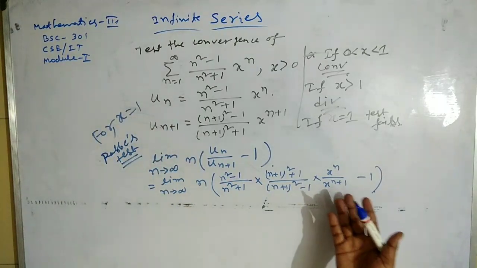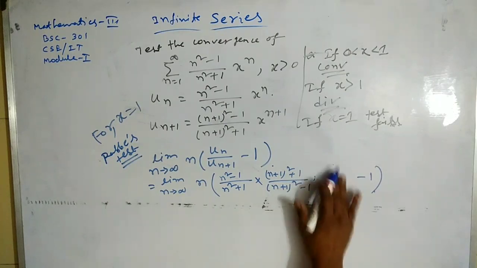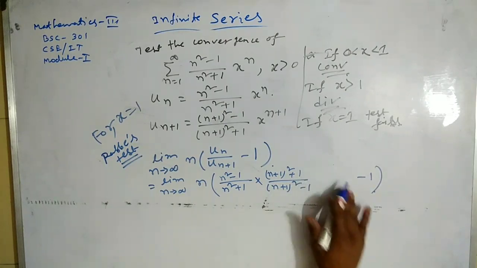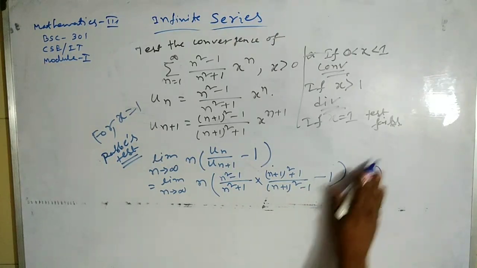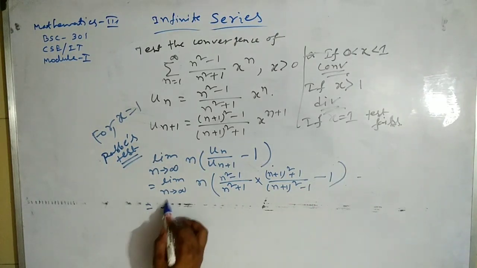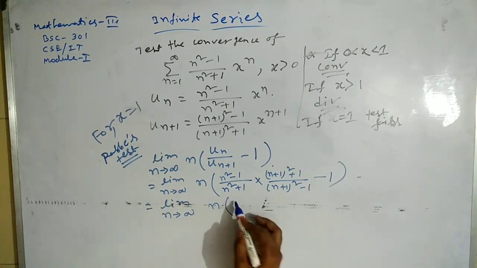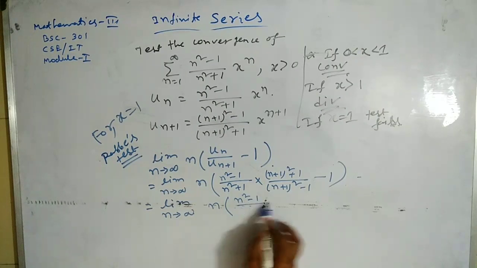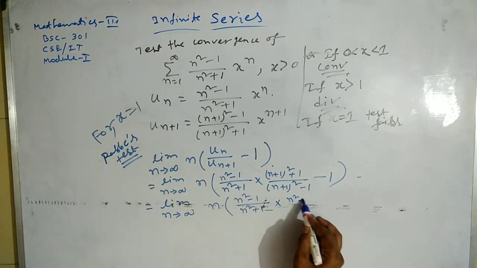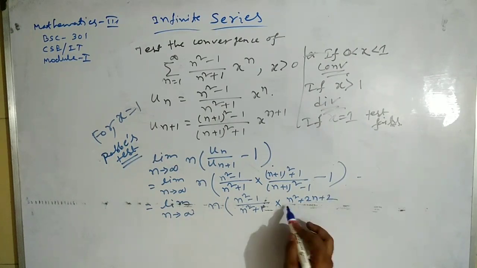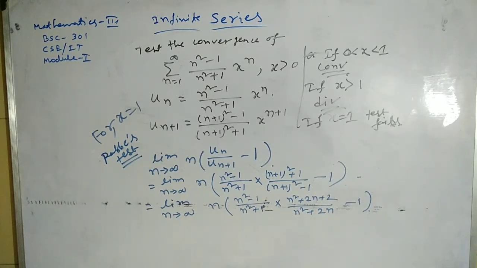For x equal to 1, since x is equal to 1, this term will not be here because the value of x is 1. So this will be minus 1, bracket closes. Now limit n tends to infinity, first we simplify this, (n² − 1)/(n² + 1) into (n² + 2n + 2)/(n² + 2n − 1).